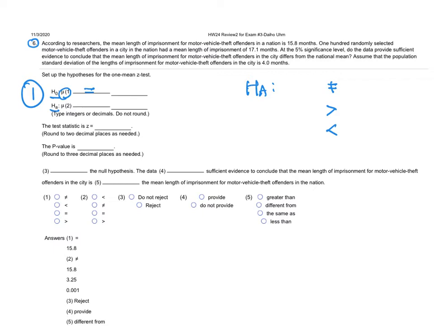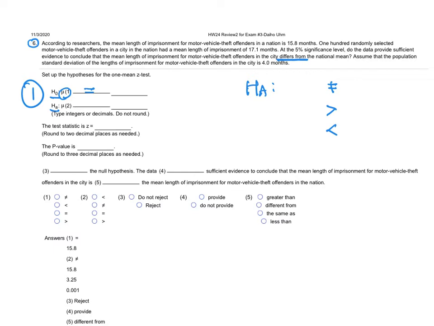When you read question number 6 in the second review, somewhere you have a hint, a keyword. Here it's "differ from." So we can take it from the claim.